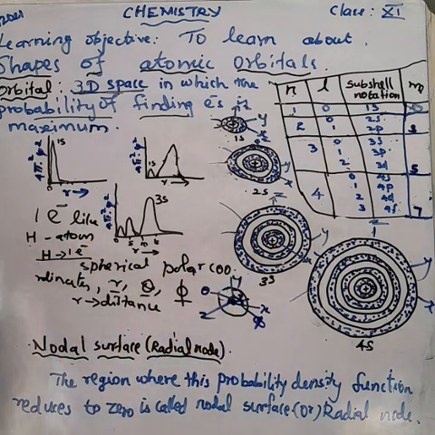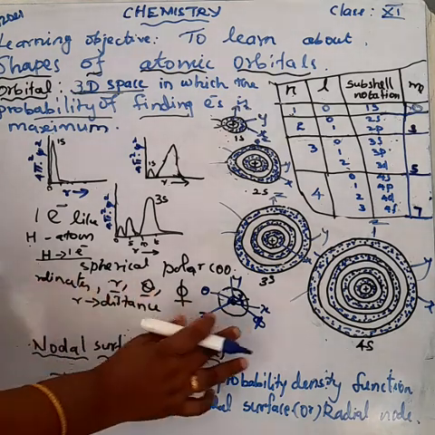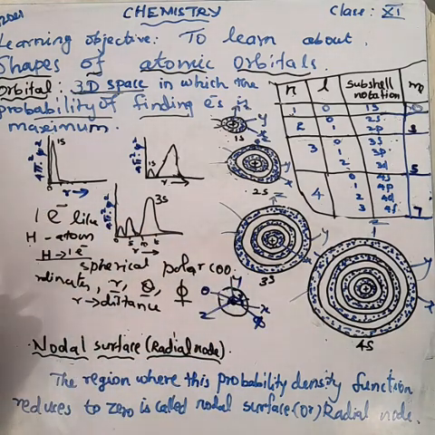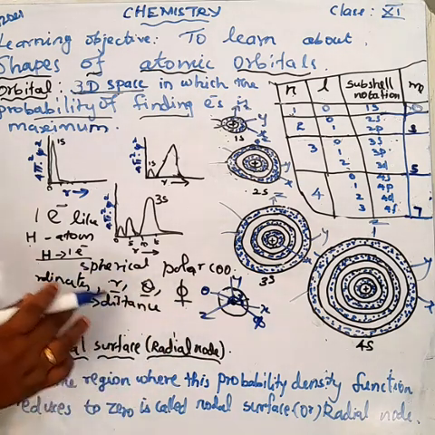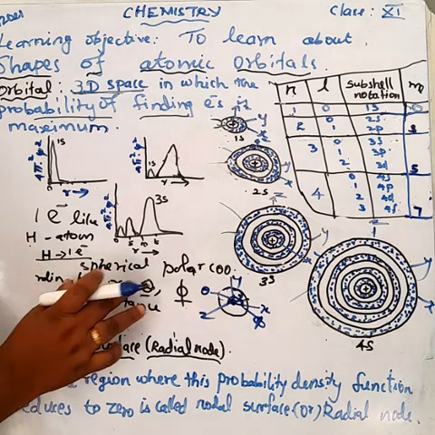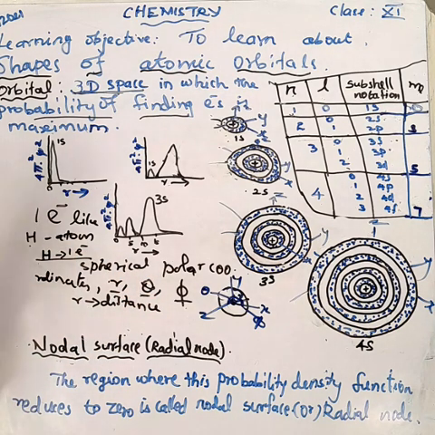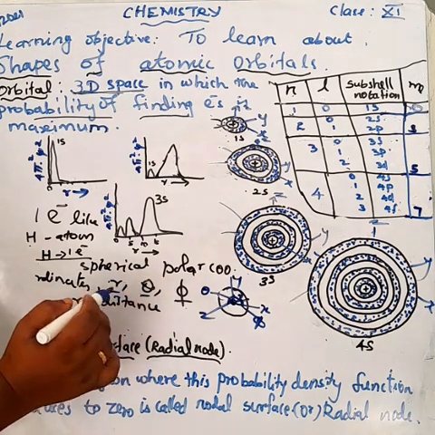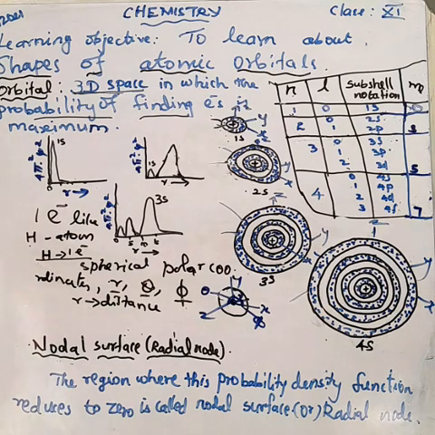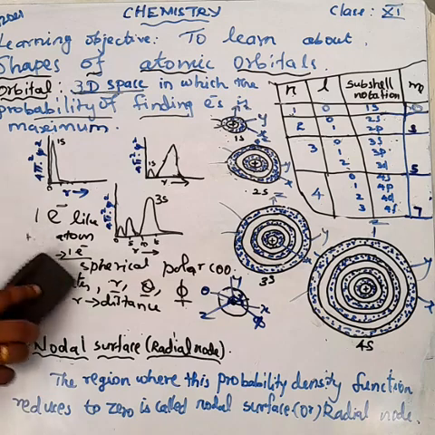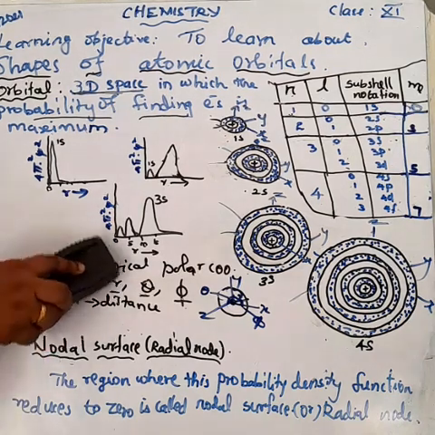So in a three-dimensional region, there are r, theta and phi. These three polar coordinates we can find from the Schrodinger wave function.